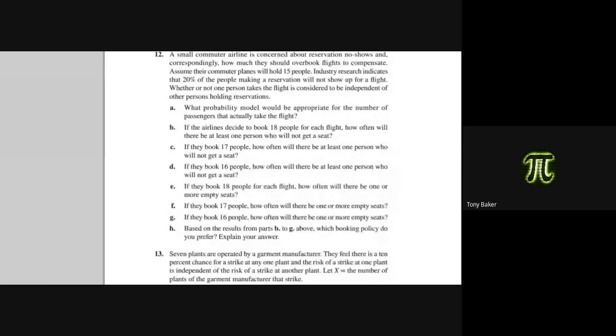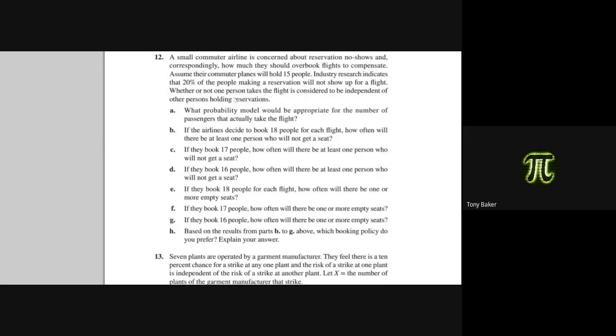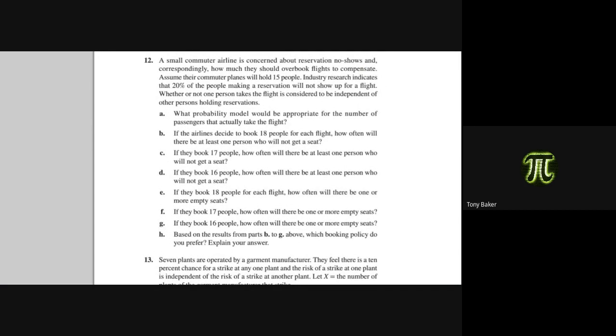This is what that question looks like. So if they decide to book 18 people, how often will at least one person not get a seat? Yeah, those type of things. Two problems for homework. Yeah, and it's like 20 parts. Yeah, exactly.